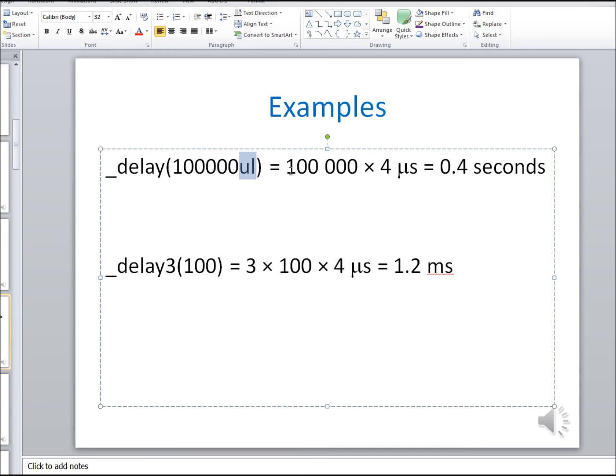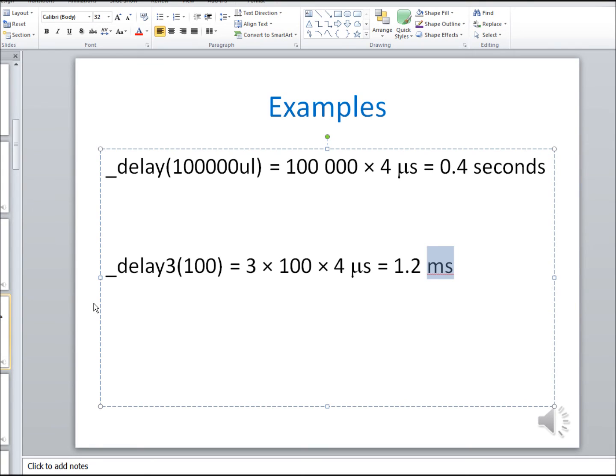So 100,000 times 4 microseconds turns out to be 0.4 seconds. If this was 10,000, it would be 0.04 seconds. Delay 3 times 100, we didn't use this one. It's 3 times 100 times 4 microseconds. That would be 1.2 milliseconds. Milli is 10 to the minus 3.